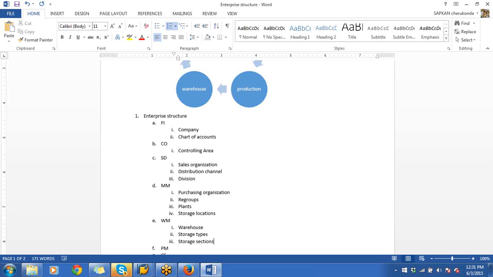When I say physically a rack horizontally spread across, you are dividing that vertically. So that would be the storage section. It circles back to saying that a storage type can have one or multiple storage sections.